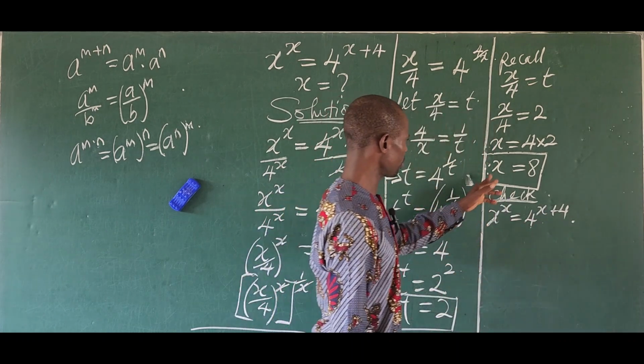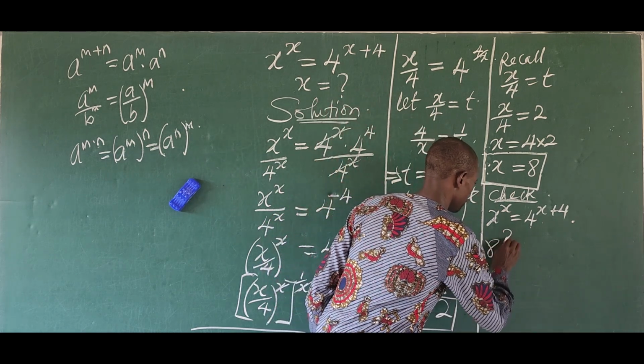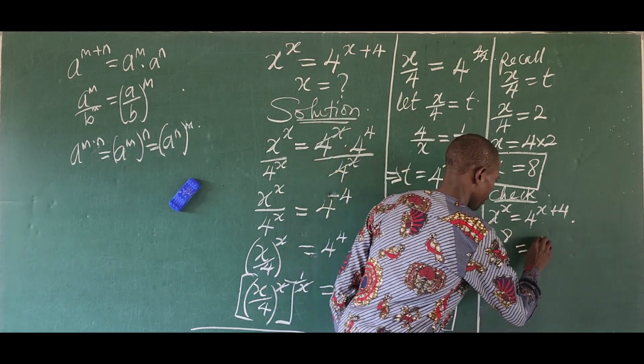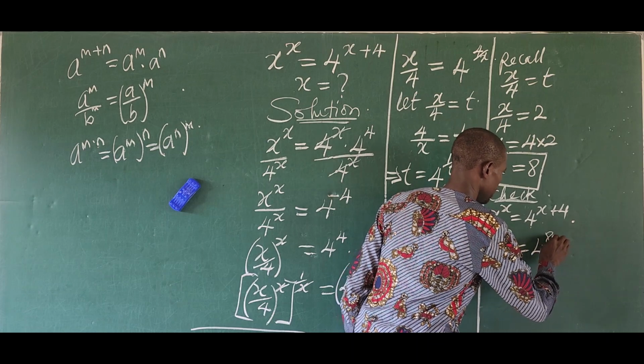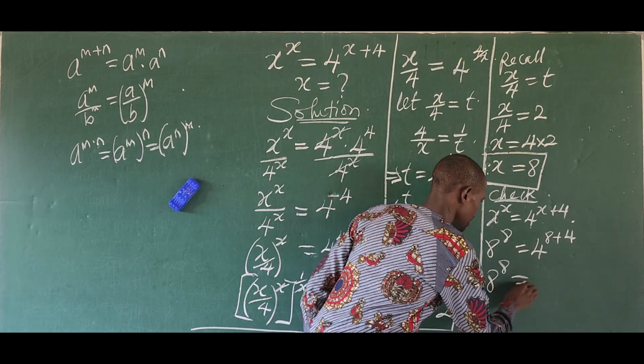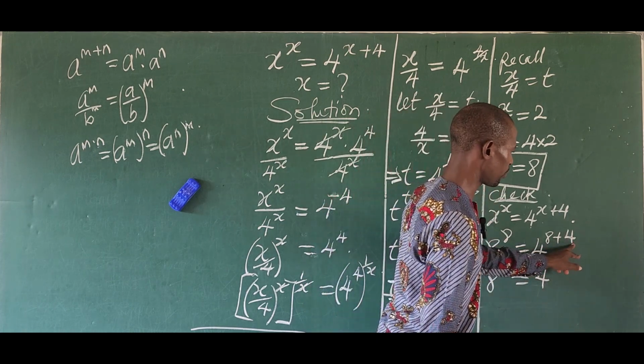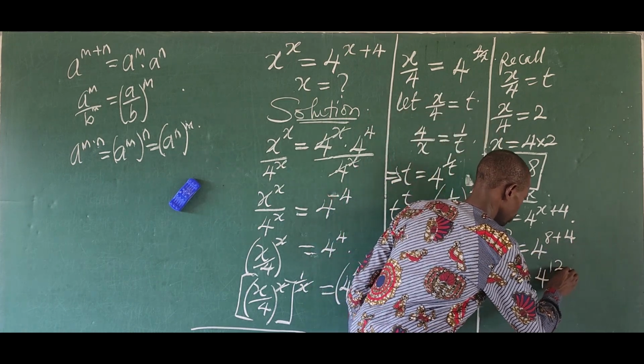So let's go ahead and put our 8 in place of x here. So this is going to give us 8 to the power of 8 is equal to 4 to the power of 8 plus 4, and 8 plus 4 will give us 12.